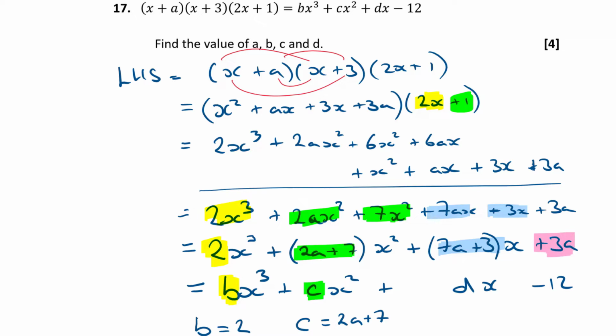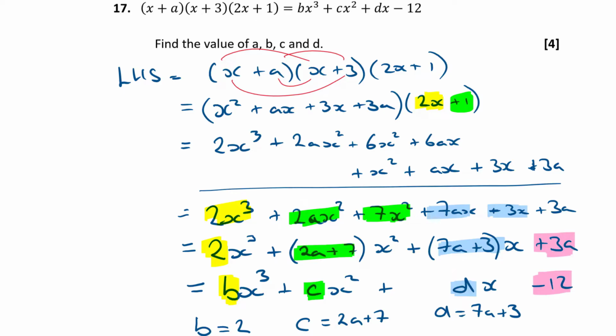And then the next part along, I can see that I've got 7a plus 3 lots of x, and I know that's the same thing as dx, so I can say that d must be equal to 7a plus 3. And then finally I've got 3a, and that is equivalent to minus 12.